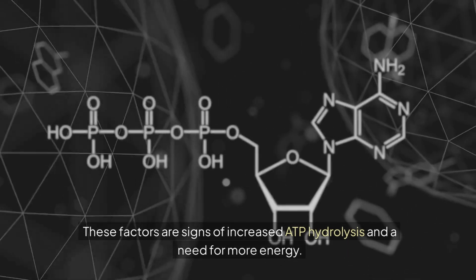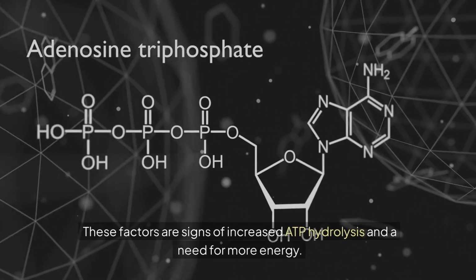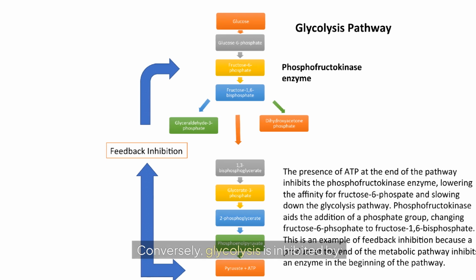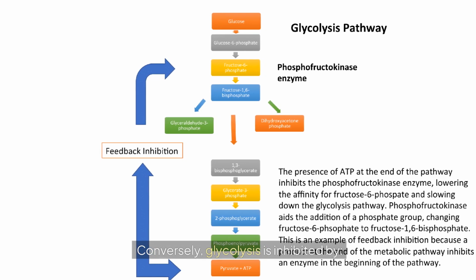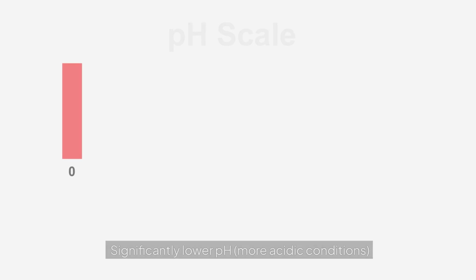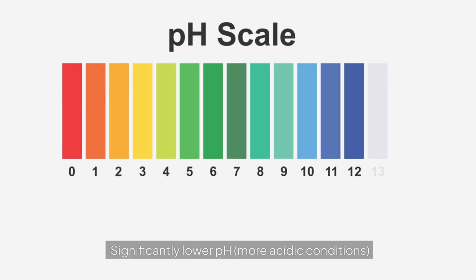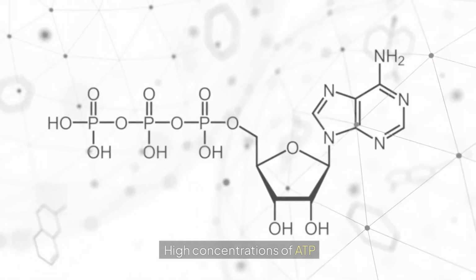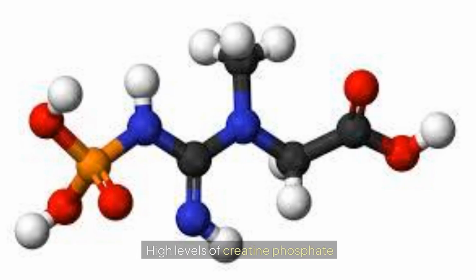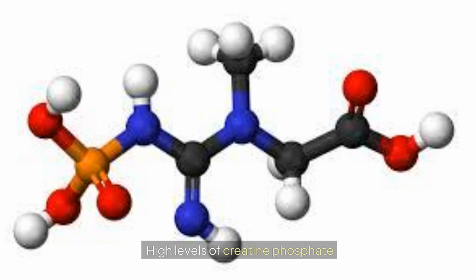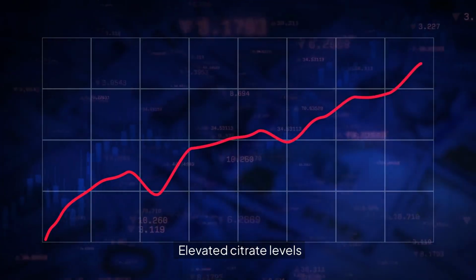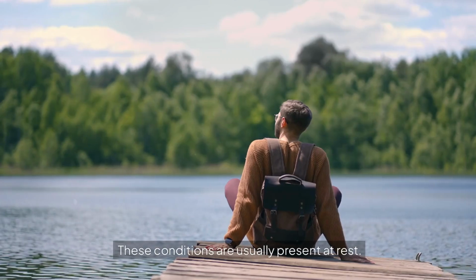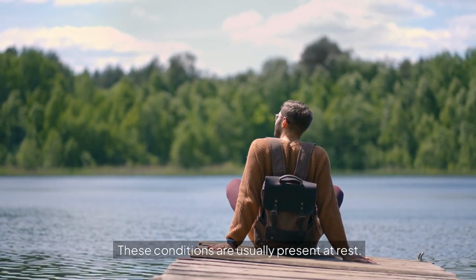These factors are signs of increased ATP hydrolysis and the need for more energy. Conversely, glycolysis is inhibited by significantly lower pH, more acidic conditions, high concentrations of ATP, high levels of creatine phosphate, elevated citrate levels, and increased free fatty acids. These conditions are usually present at rest.